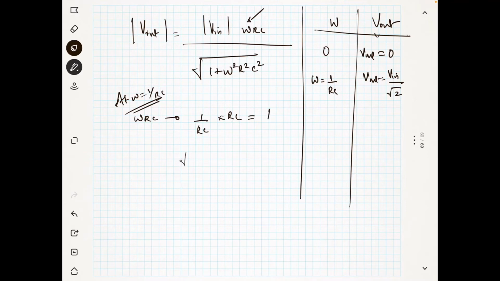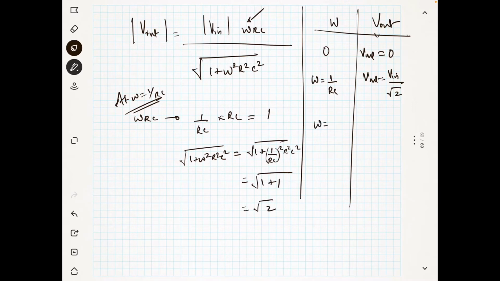And square root of 1 plus omega square R square C square becomes square root of 1 plus 1 by RC the whole square into R square C square. Again this becomes square root of 1 plus 1, which is nothing but square root of 2. That's why you are getting the square root of 2.